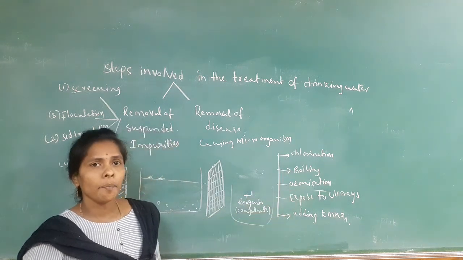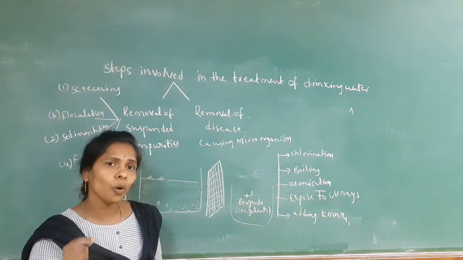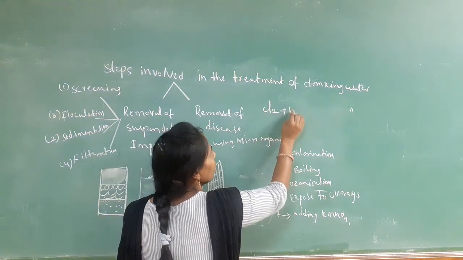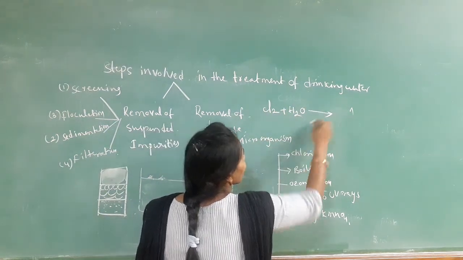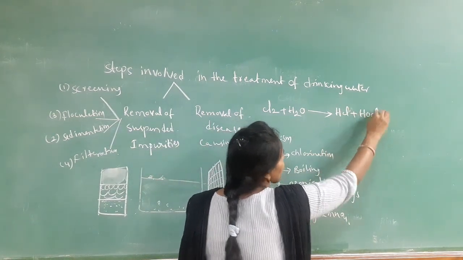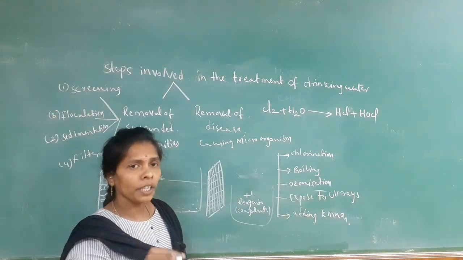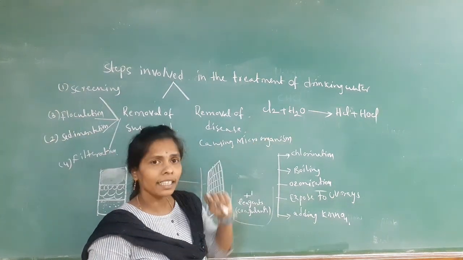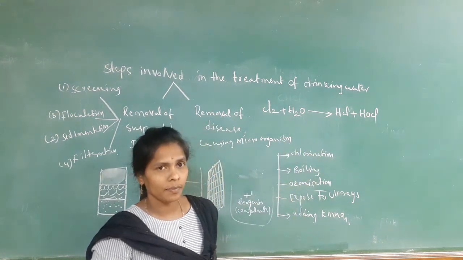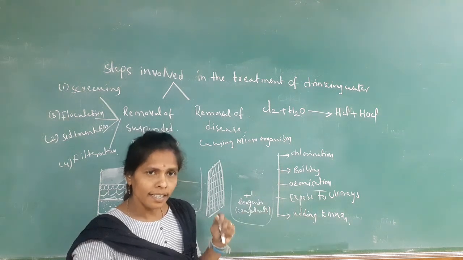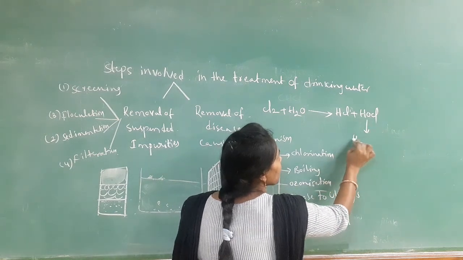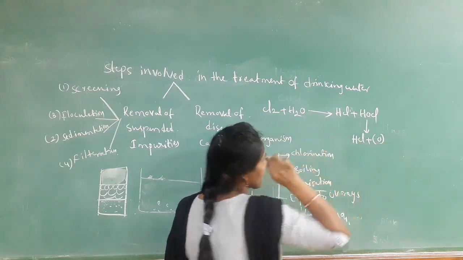But what happens by adding chlorine to the water sample? When we add chlorine, it reacts with the water and produces hydrochloric acid and hypochlorous acid. This hypochlorous acid is unstable and immediately decomposes to hydrochloric acid and nascent oxygen.